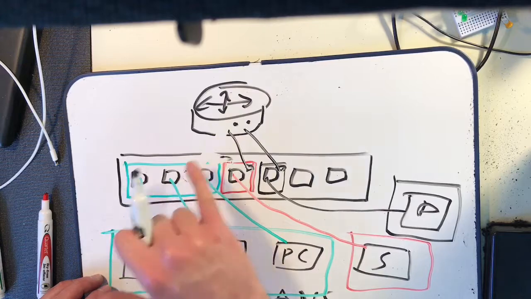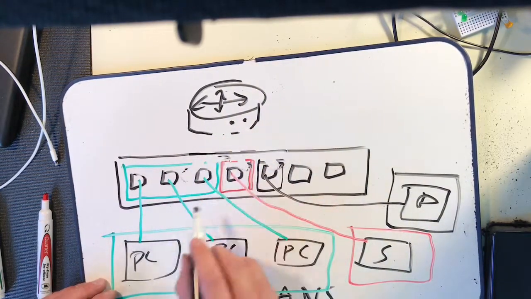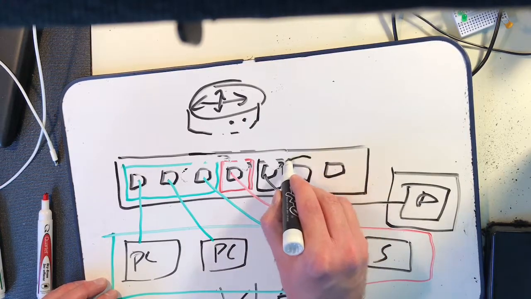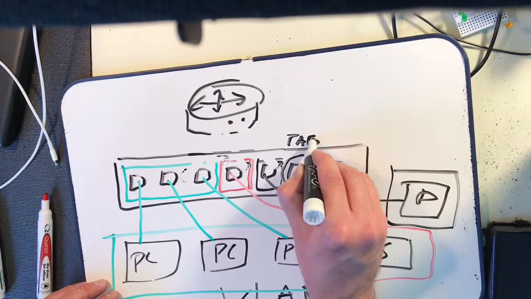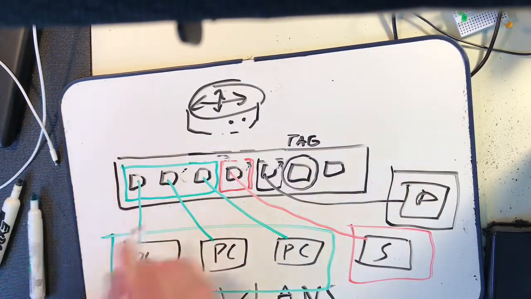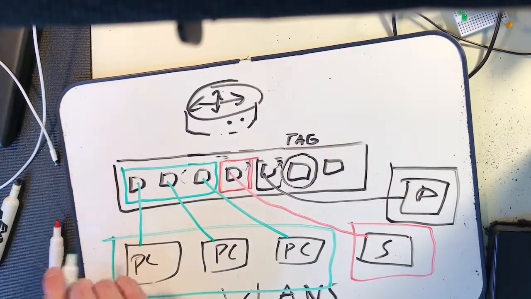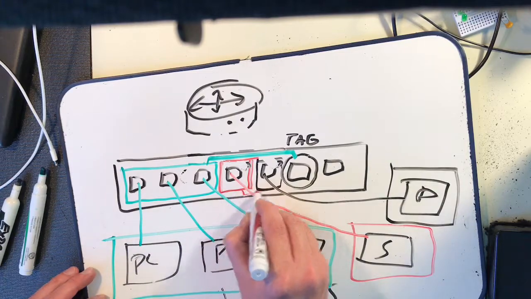So instead of doing that, we would have another port defined over here as a tagged port or a trunked port. Either one, they're the same thing. And we would have that tagged port be a member of each of these VLANs inside of the switch.